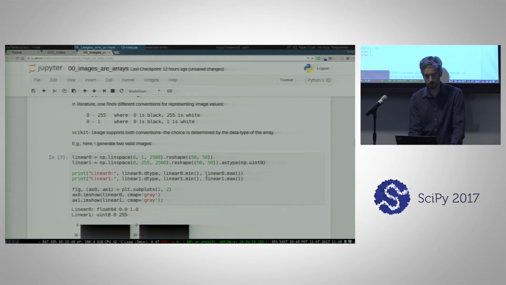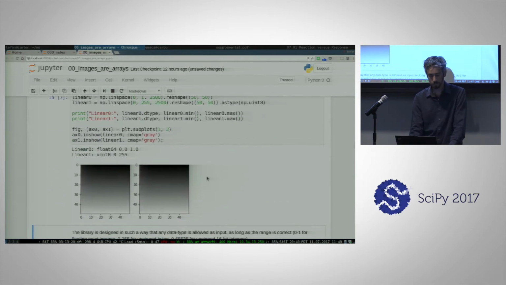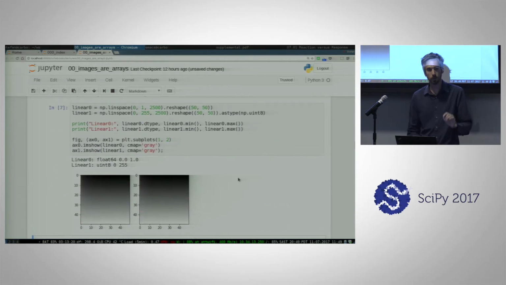Let's see what happens. There you see that those are both valid representations of the image. The first image is a float64 image, a double, and it ranges from 0 to 1. The second is a uint8 image, 0 to 255, both valid. Is that clear? Are there any questions about this concept?